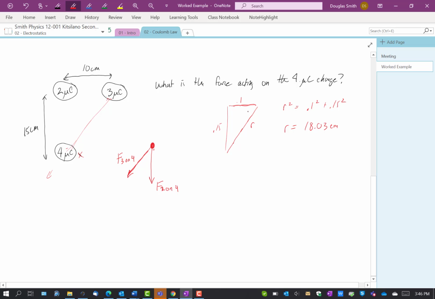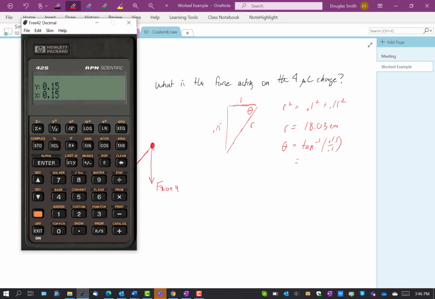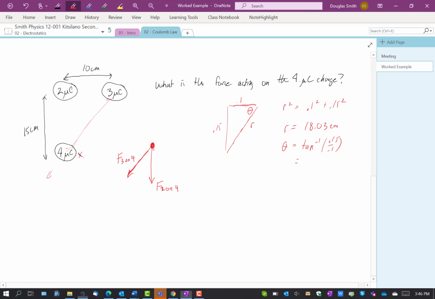And this angle there, with 0.15 and 0.1, is 56.31.